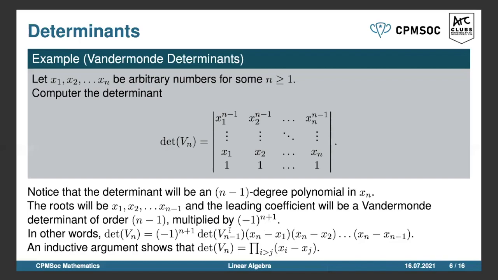And then in here, you're going to have x(n-1) minus x1, also minus x2, also minus x3, and so on. So this polynomial argument, in terms of the determinant expansion, shows us that this determinant has to be this very simple product of all the factors where the first index is bigger than the second index.